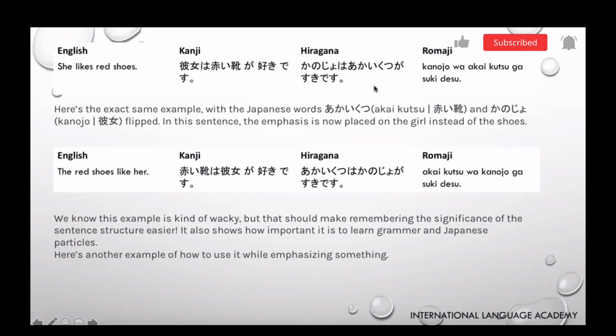So the upper example is the correct manner in which we can use the ga particle. In this example, we can say red shoes like her. Red shoes like her, right? Red shoes are not breathing, so we can't say that red shoes like anything, right? It's not a living thing. So in one word, this is an incorrect sentence.